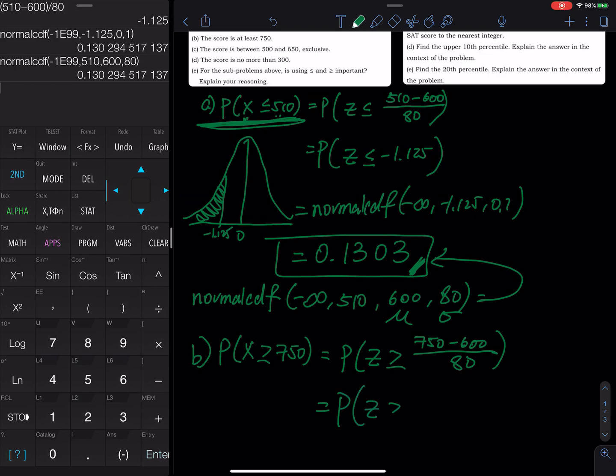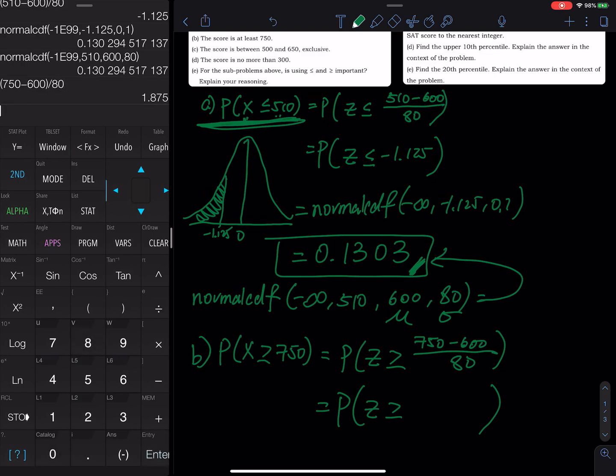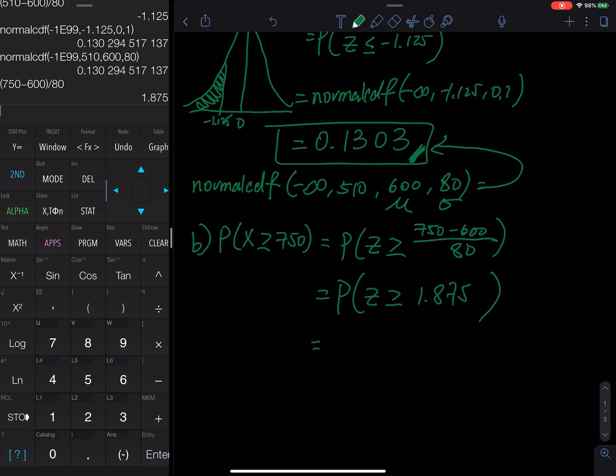So Z is greater than or equal to, we have parenthesis 750 minus 600, and then divided by 80. You do everything in one step: 1.875. And then the calculator command is normal CDF from 1.875 to positive infinity, and then 0 and 1.